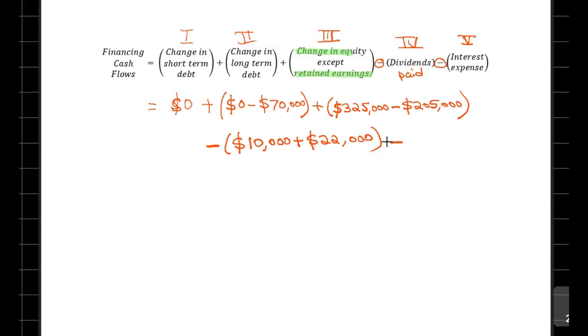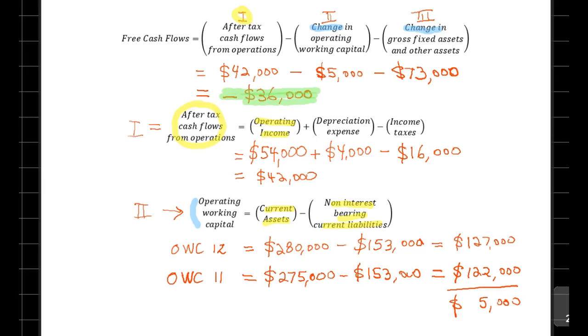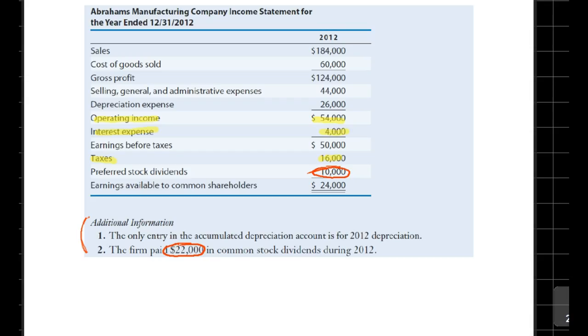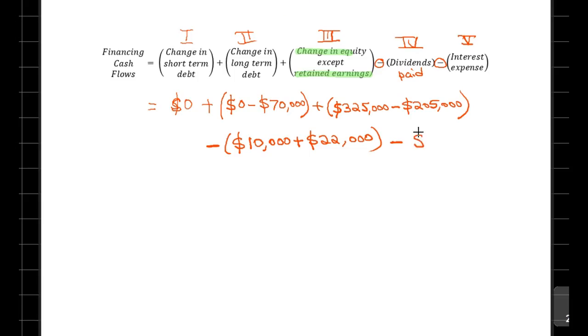Finally, we have interest expense, and again we need to go back to our income statement for that figure. As you can see, we previously used that figure earlier, and it is $4,000. Now let's move backwards. That figure is $70,000. And we're pretty much done.